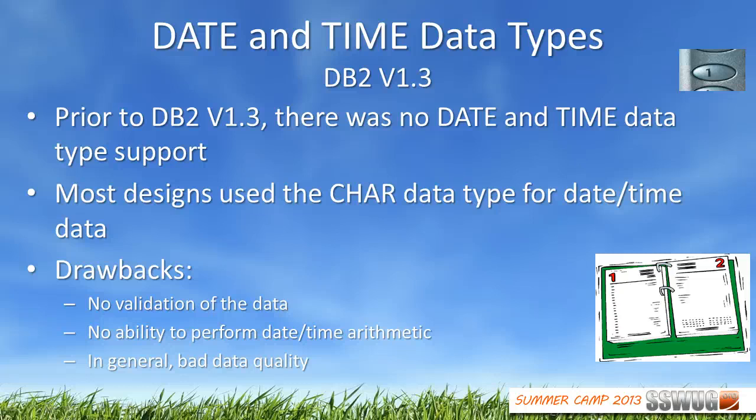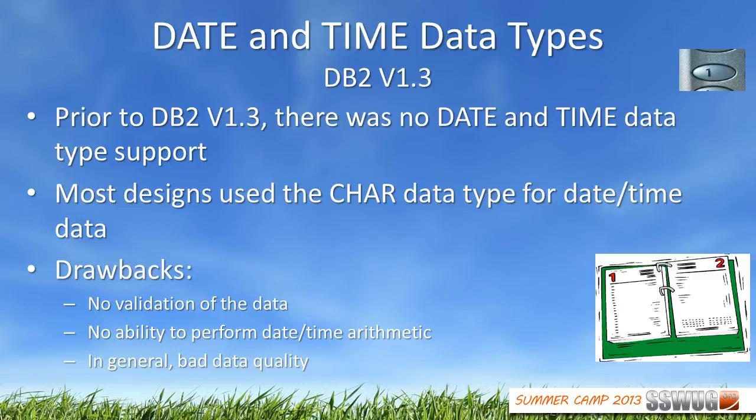On a side note, I answer questions for online portals quite frequently, and one of the questions I get regularly is, I've got this table and it's got a character 10 column and it stores dates, and what I want to do is, and they explain what they want to do with it to operate on it like it's a date.